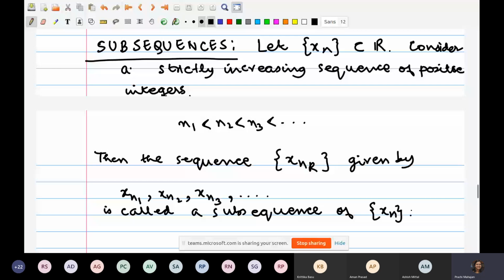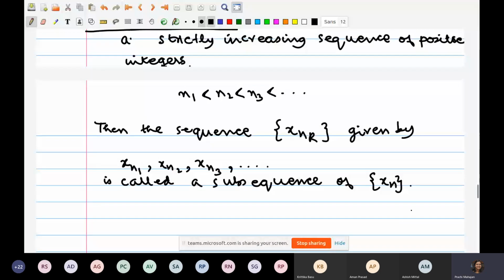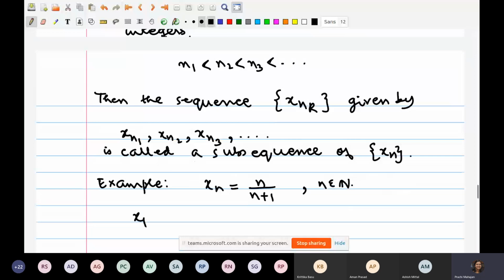Let's consider an example. Let's consider the sequence xn given by n over n plus 1. Over here, x1 is 1 by 2. Sorry, x2 is 2 by 3. x3 is 3 by 4.